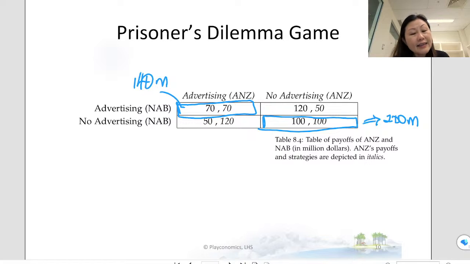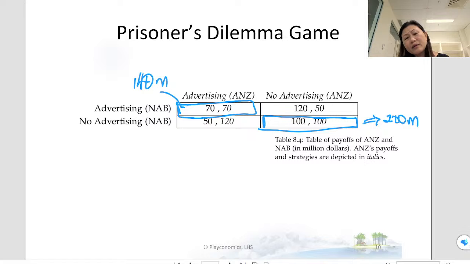So if ANZ decides not to advertise and NAB decide not to advertise, that's really the best outcome for both parties. The payoffs of $100 million are materializing because ANZ and NAB are saving money by not advertising. This is kind of a good outcome for both of them.